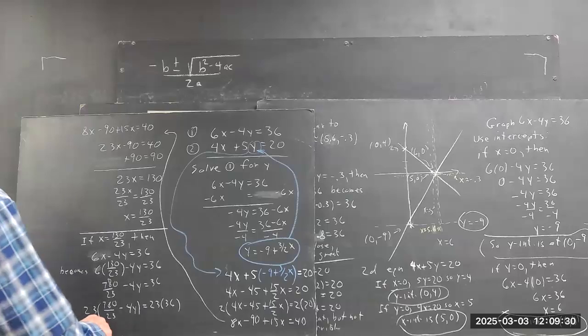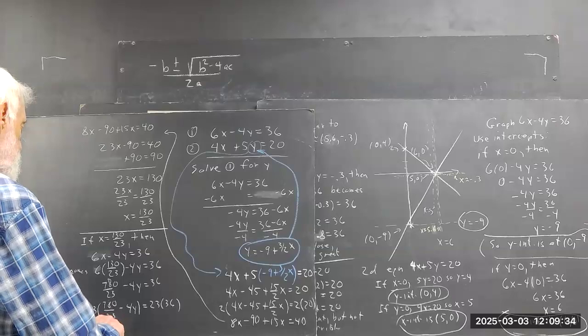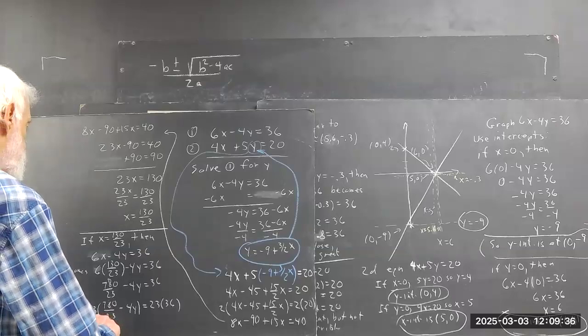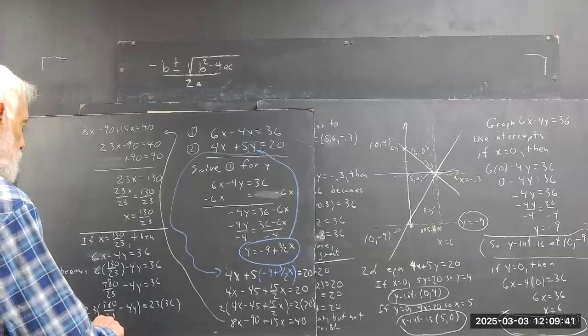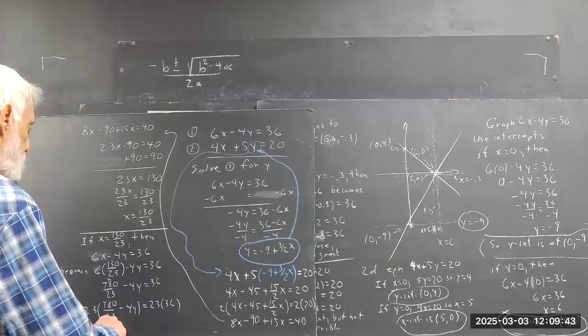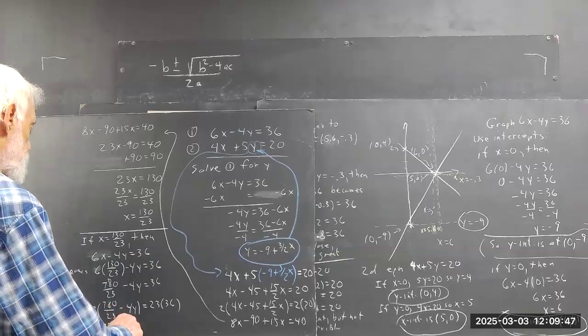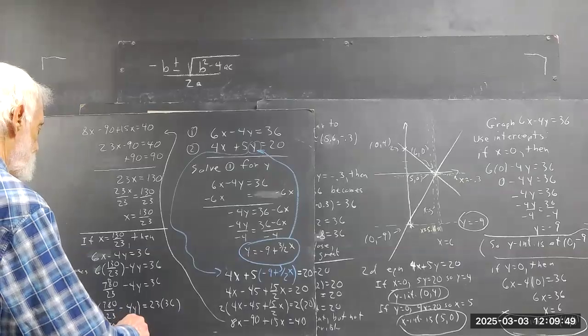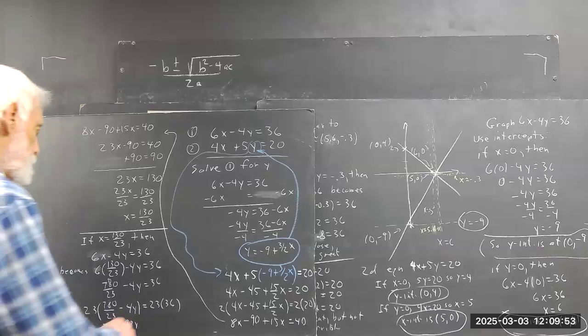Okay. Well, this gives me then 23 times 780 over 23 is 780. 23 times negative 4y is negative 92y.